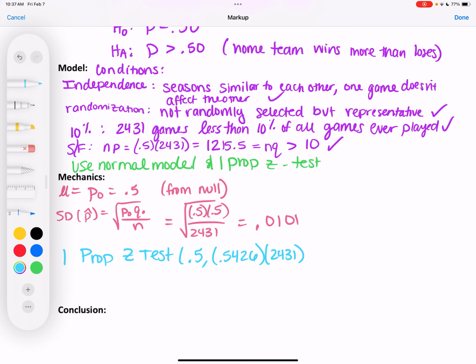Let me finish putting in what we need. Our N is 2,431, and we know it's a greater than, so we're using greater than P0. And that'll be the option that we select.